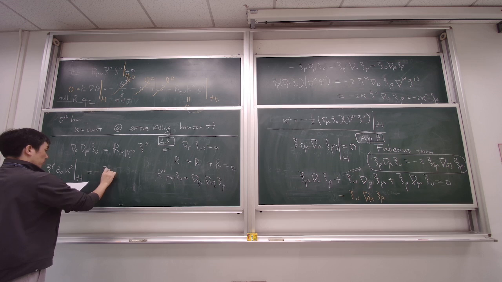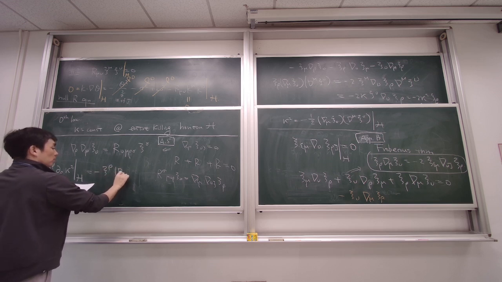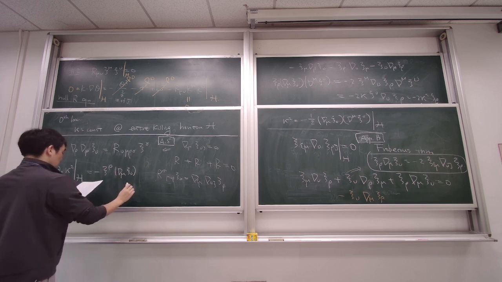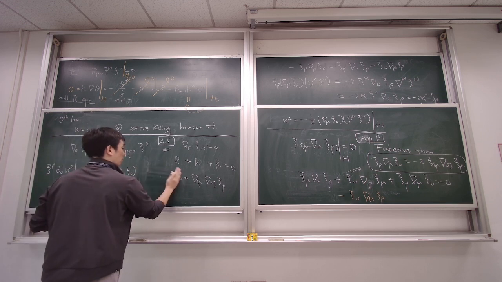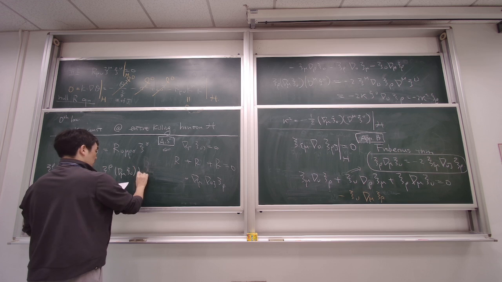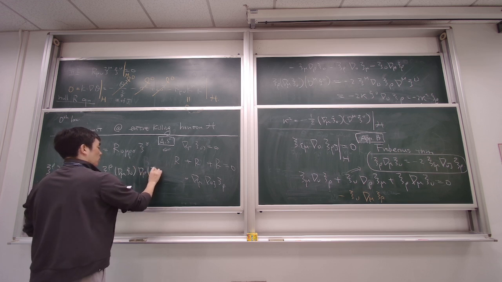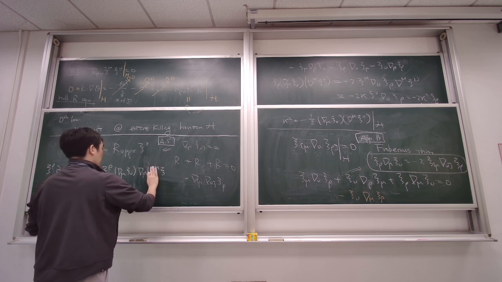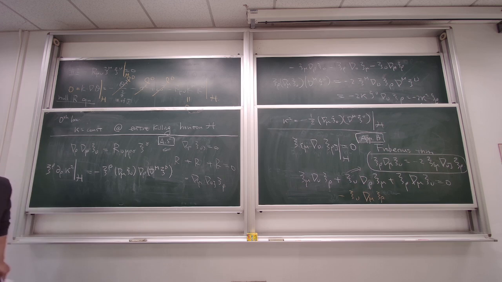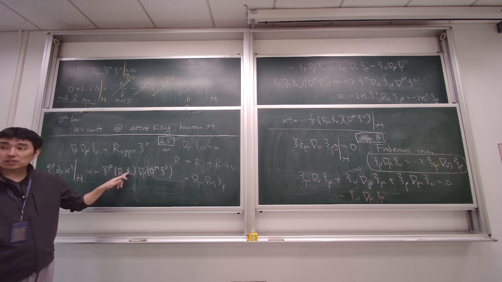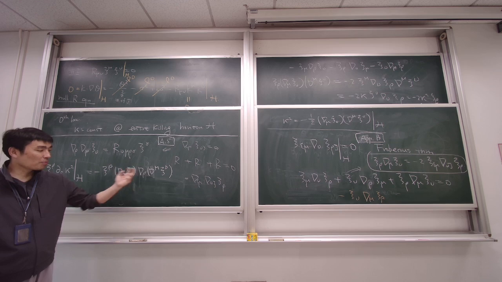minus C rho, sorry, like this. So the dou C is just a square.